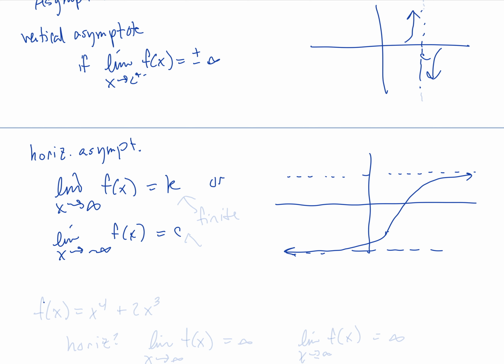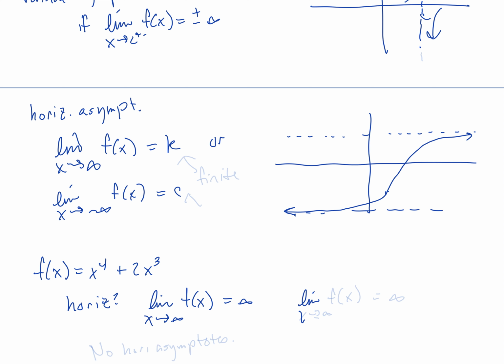So here our function f of x is x to the fourth plus 2x cubed. First of all, does it have any horizontal asymptotes? Well, the limit as x goes to infinity of f of x is just going to be positive infinity, right? As x gets large, the output is just going to get infinitely large.